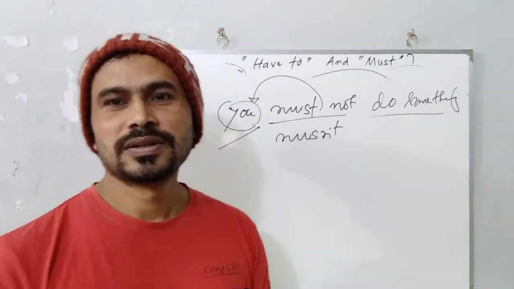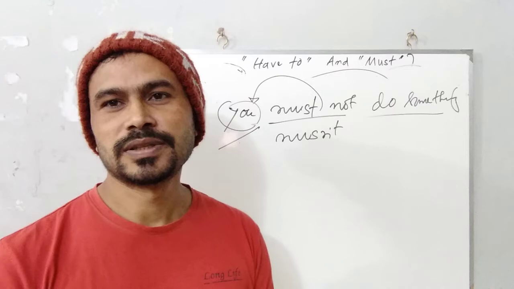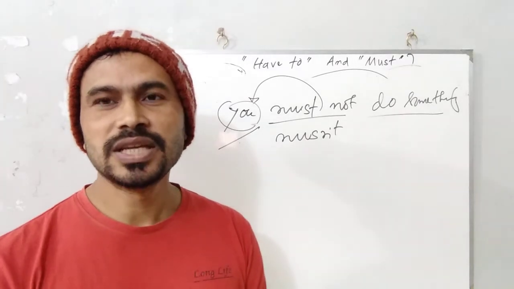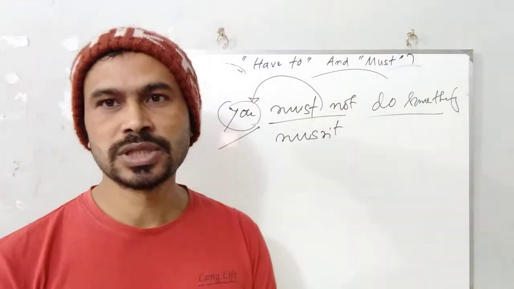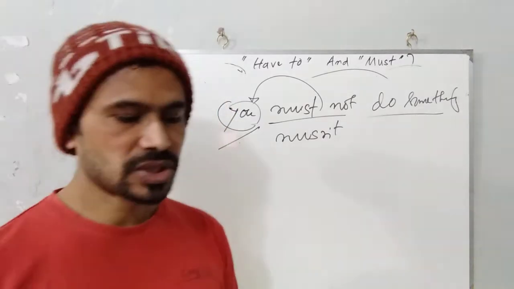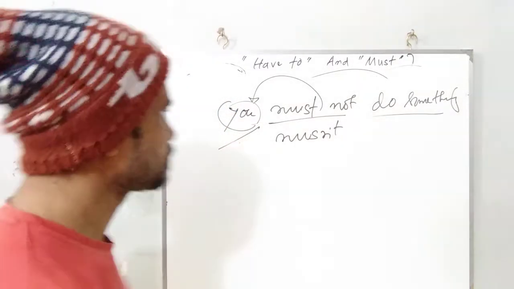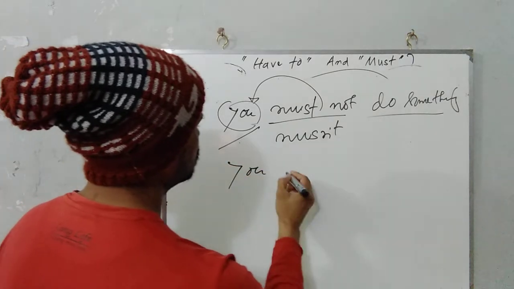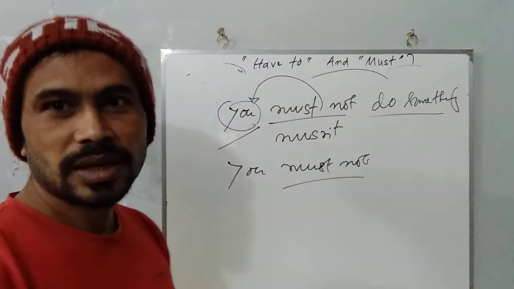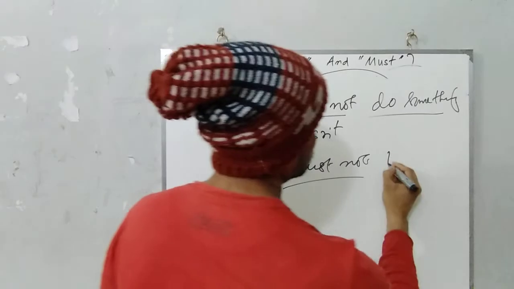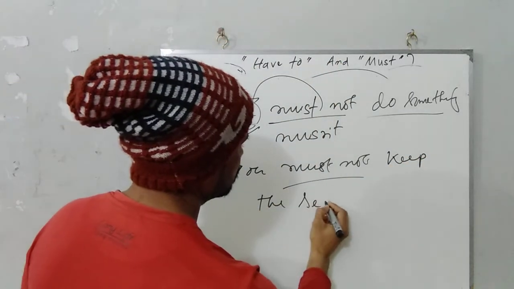Lastly, I'd like to mention one sentence for your better understanding regarding negative obligations by using must. You must not keep the secret. You must not, or you mustn't keep the secret.